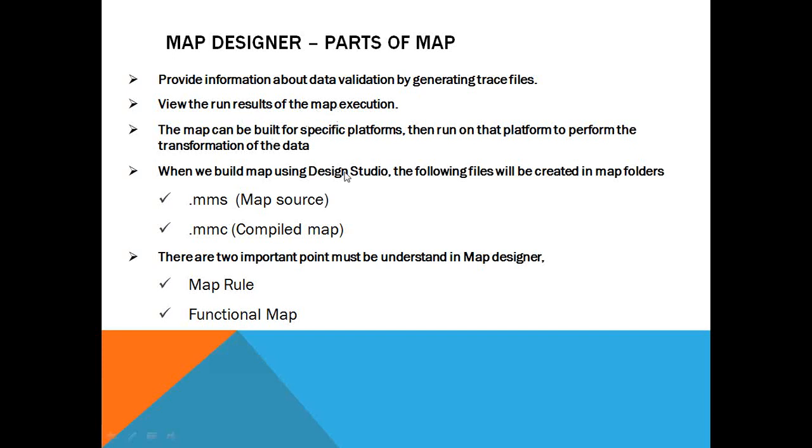Then the map can be built for specific platforms, then run on that platform to perform the transformation of data. That means you can develop the map in the Windows operating system. Once you complete the development, you can build the map for any platform. There will be an option whether you need to build this map for a Windows server or Linux server or IBM AIX server, z/OS server, etc. So IBM WTX has provided the capability for us.